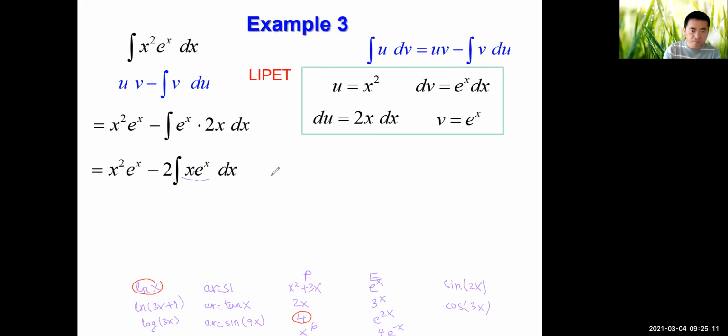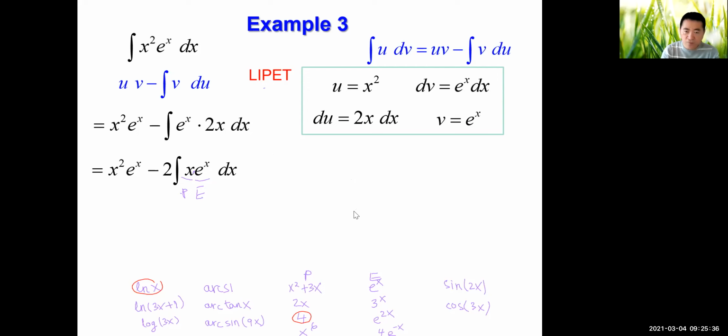What techniques? Integration by parts again. How? Because there's a product with x. What is x? Polynomial. What is this? Exponential. So you see a polynomial and an exponential again, P and E. So you can repeat the integration by parts a second time.